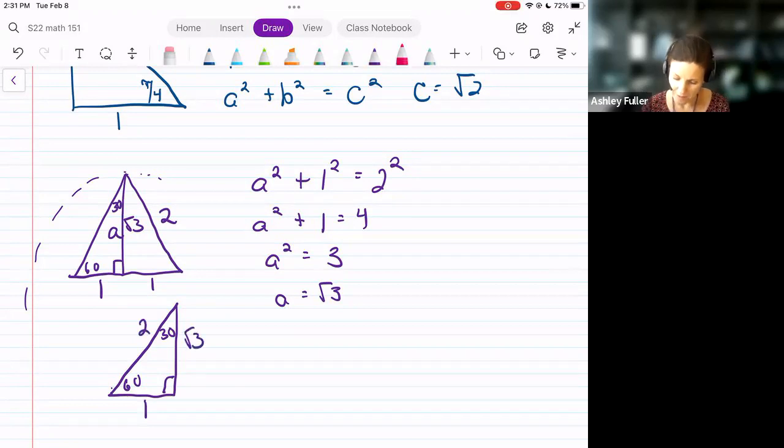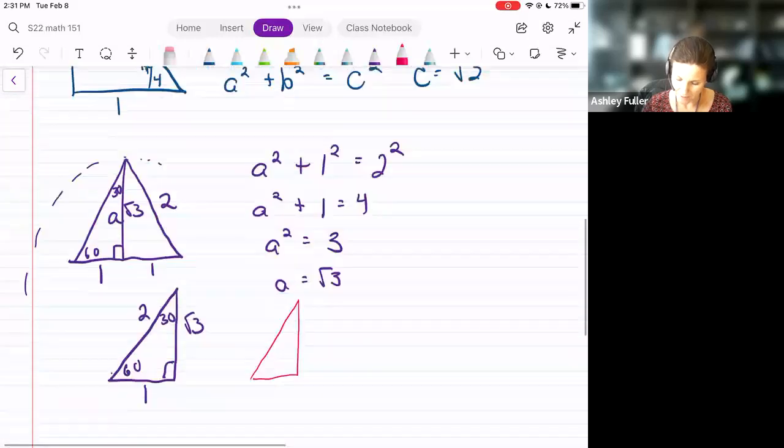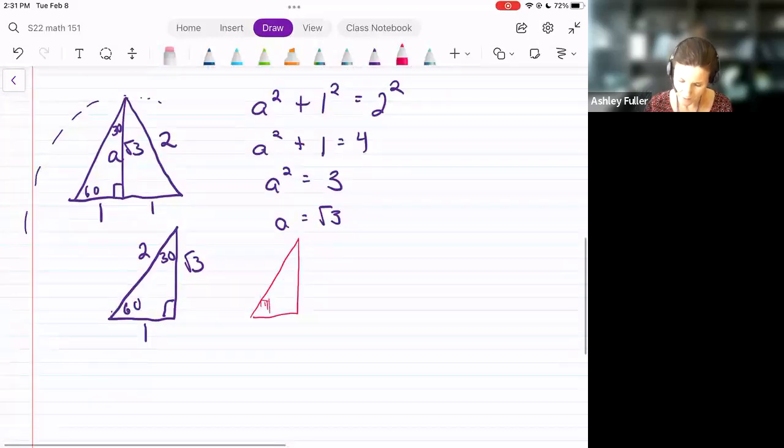If you have trouble remembering which one goes where, remember, first of all, 60 is pi over 3. So we have pi over 3. This is going to be pi over 6.